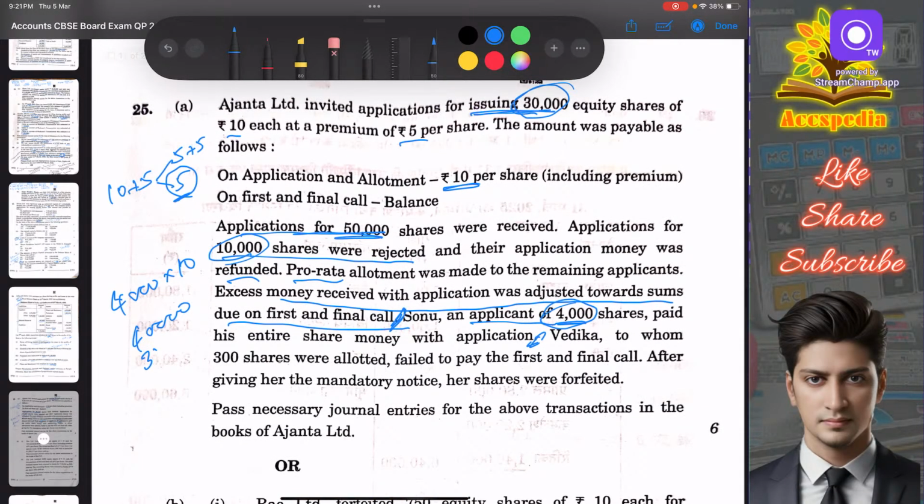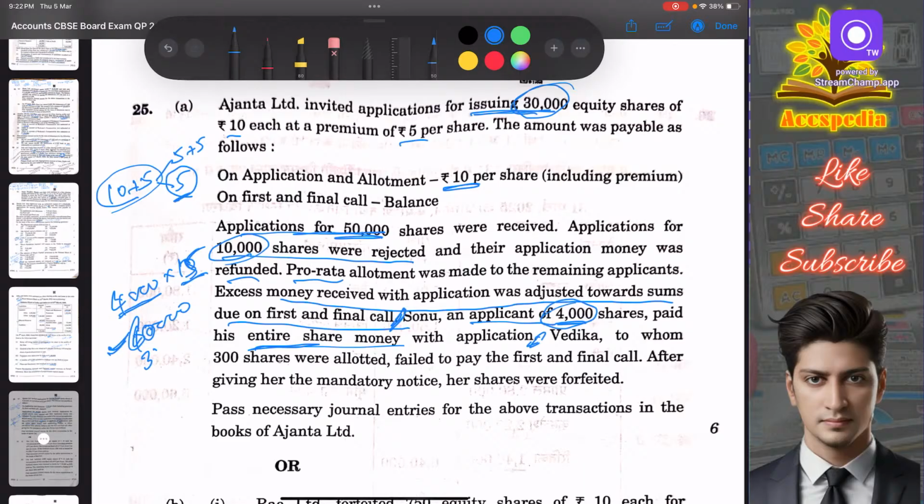Sorry, he paid the entire money. That entire money is 15 rupees. So that means 60,000 is the money that he paid. Hope you get it. 4,000 shares he applied, and he paid the entire 15 rupees.